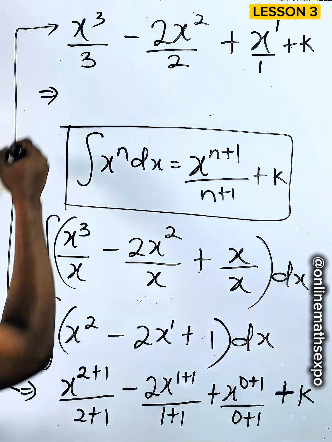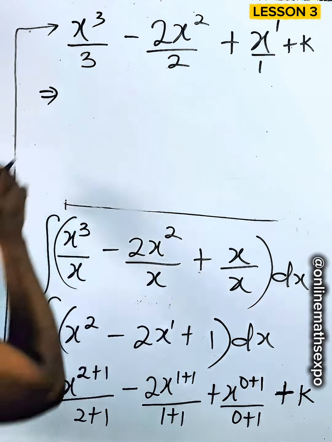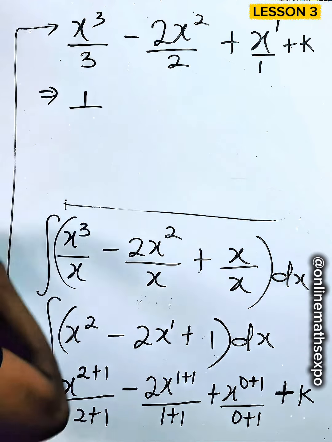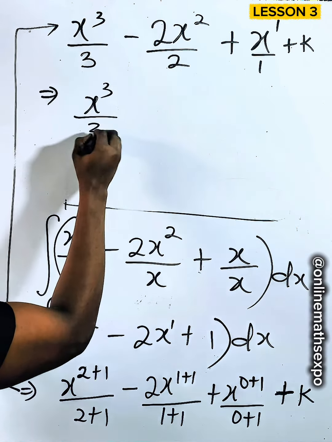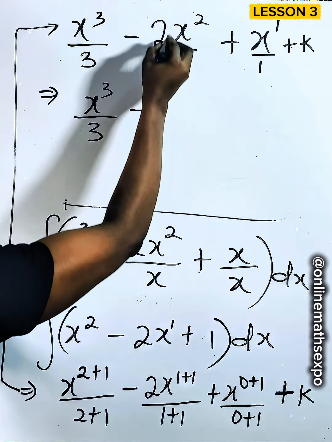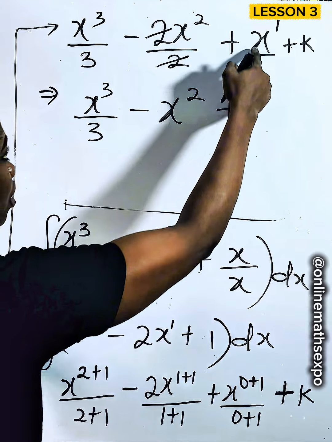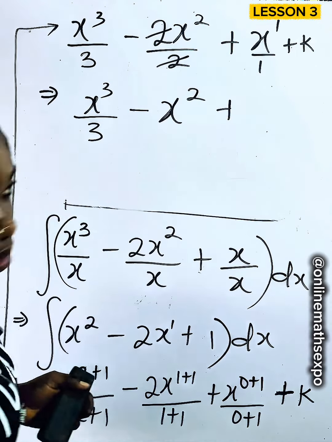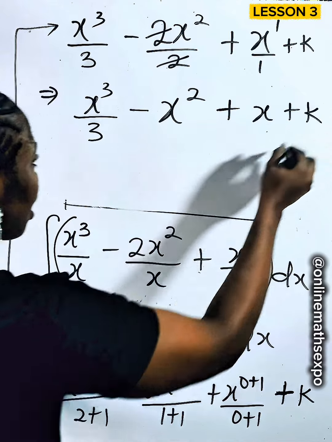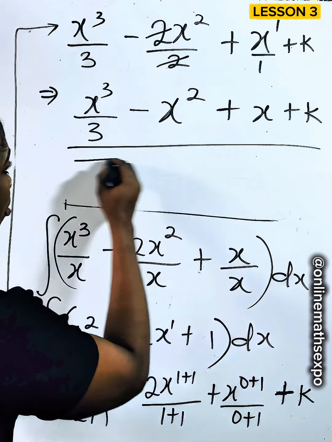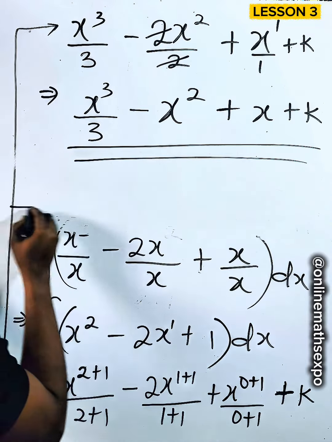And finally, this will give us 1. So we now have x cubed over 3 minus x squared, plus x raised to power 1 gives you x, and divided by 1 still gives you x, plus k. So this is what we have for integrating this particular function.